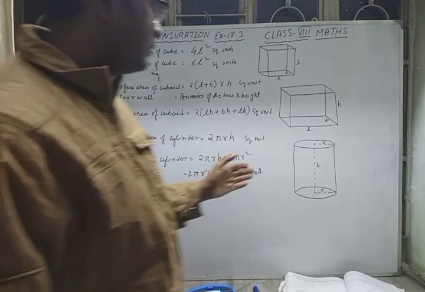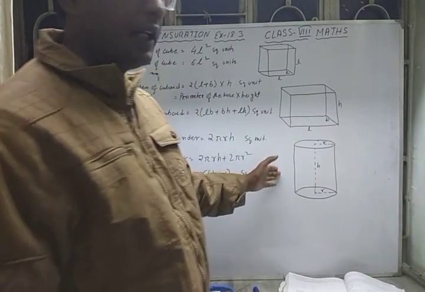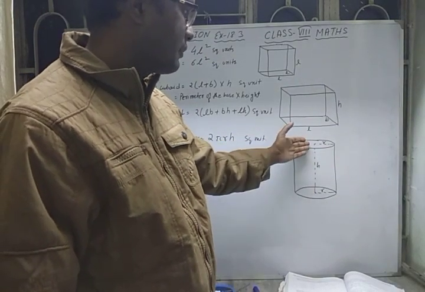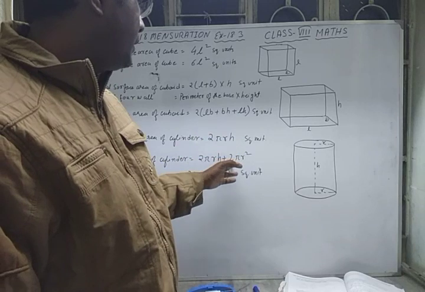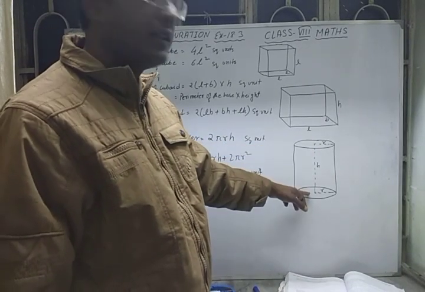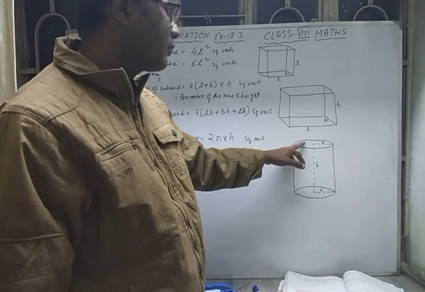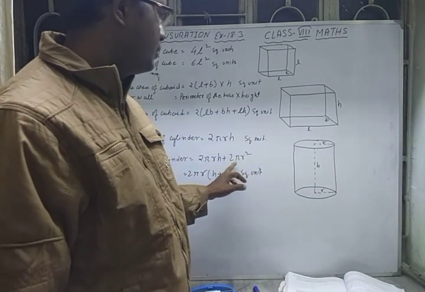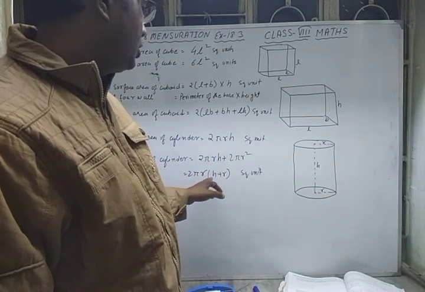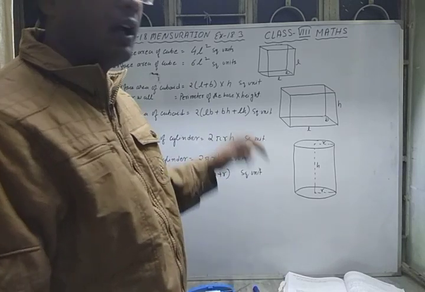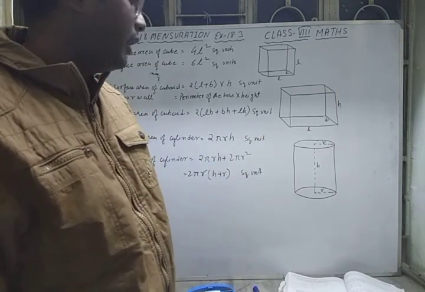Total surface area means you have to take the curved surface area and the area of the two circular ends. So 2 pi rh as the curved surface area plus the area of the two circular ends, which is pi r square plus pi r square, that is 2 pi r square. So if you take 2 pi r common, you will get 2 pi r into (h plus r) square unit again.